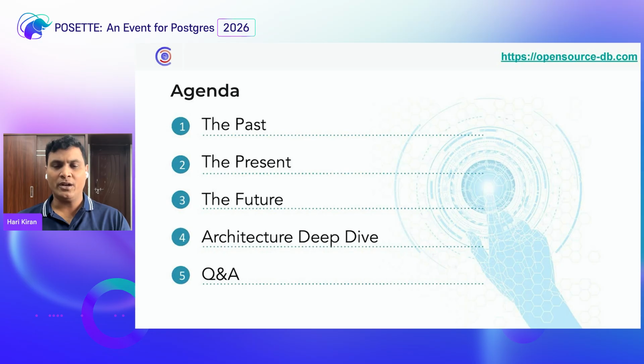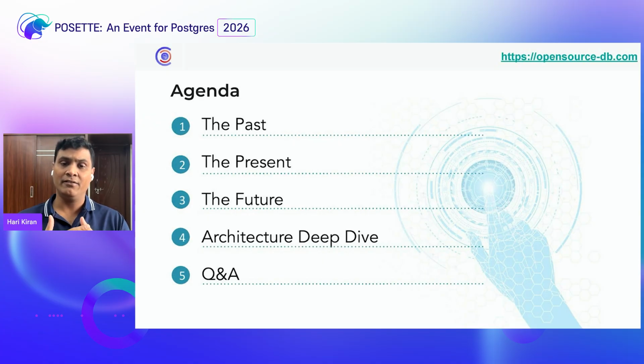Now, let's look at what we will cover today. Here's our roadmap. We will start with the past, where logical decoding came from, how extensions like pglogical and BDR shaped the ecosystem before native support in PG10 existed. Then we will move into the present, looking at native logical replication features from PG10 through PG18, including CDC pipelines and real world deployment patterns.